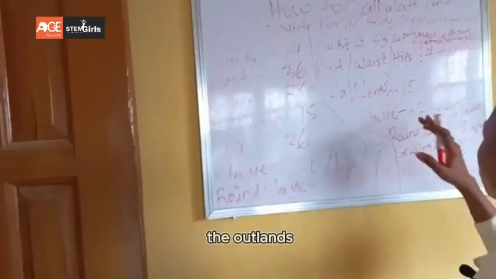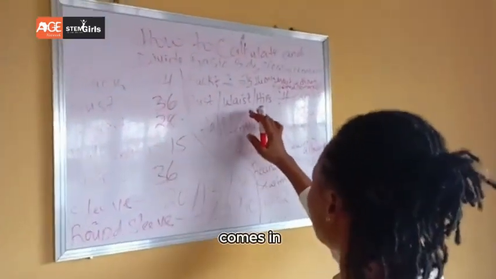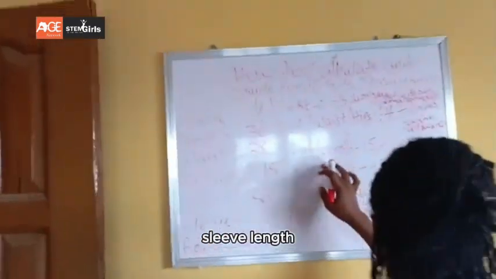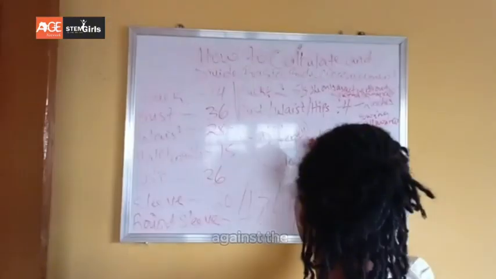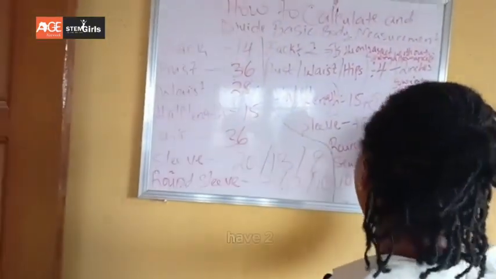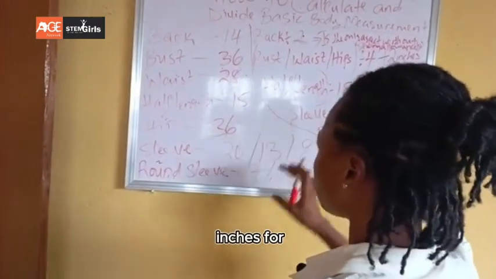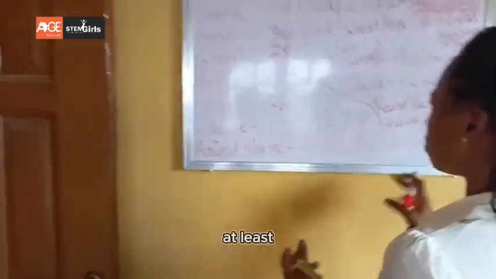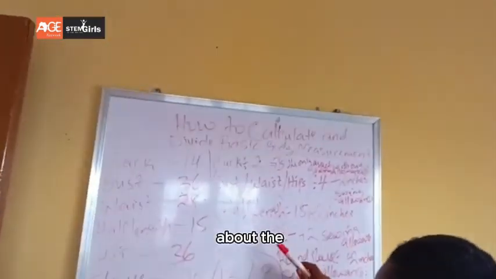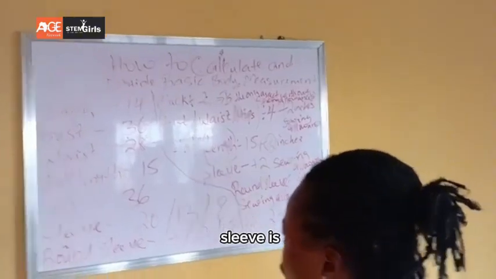Then for half length, full length, sleeve length, anything that bears the word length, you are not going to divide, but add 2 inches for the sewing allowance, at least 2 inches. Then we are talking about the sleeve. We all know the sleeve is meant for the arm.